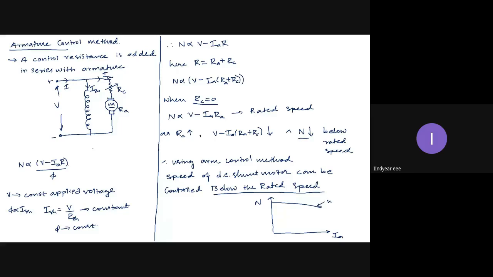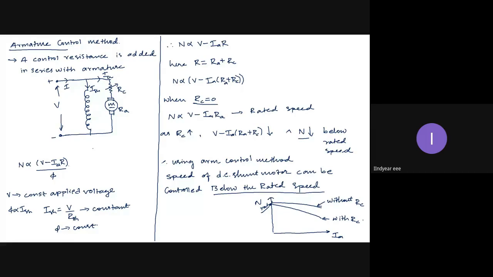This is without RC. This is the rated speed. So when I use RC, the speed will decrease below the rated value. This is the variation of speed with respect to load or with respect to the control resistance.